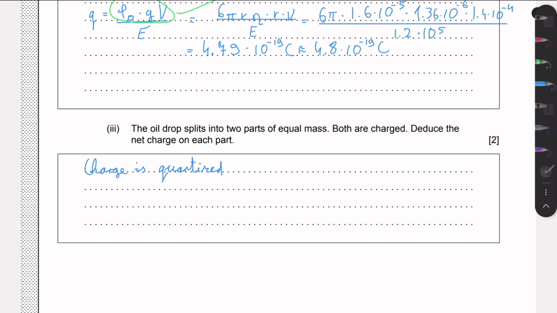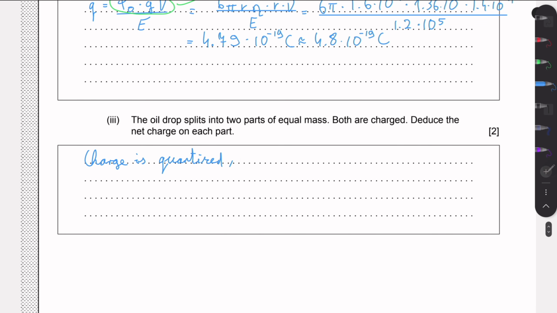So 1.6 times 10 to the minus 19, that's e. So it must be a scalar integer multiple, so 1e, 2e, 3e, and so on. It cannot be like 1.5e or 4/3e or whatever. That wouldn't mean it's quantized. So they must be integer multiples of e.